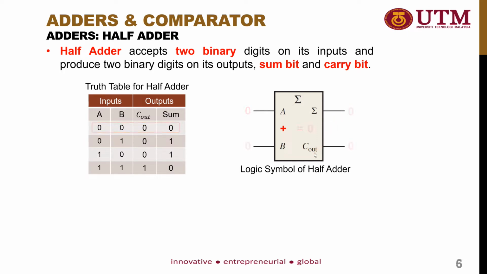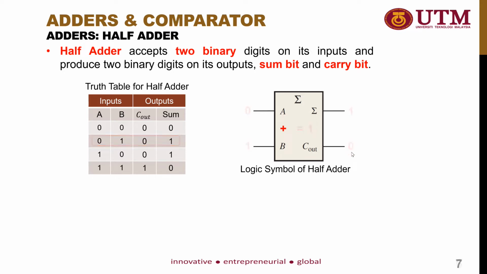Okay, next, when A is equal to 0 and B is equal to 1, it means that 0 plus 1 will be equal to 1. The output still consists of 1 bit, so it goes directly to the sum. So sum equals 1 and there is no carry, so carry will be equal to 0.